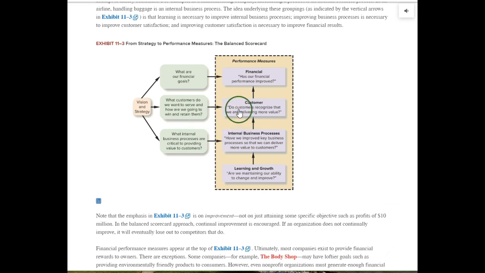So we're here: do customers recognize that we are delivering more value? And then out of, again, vision and strategy, internal business processes. So you might ask the question, have we improved key business processes so that we can deliver more value to customers? In the learning and growth, are we maintaining our ability to change and improve?